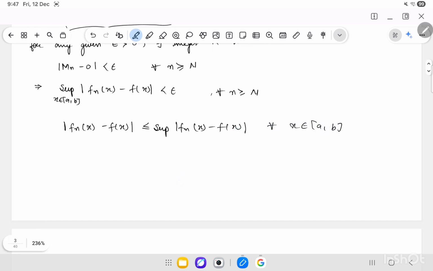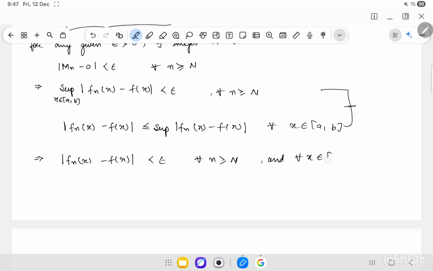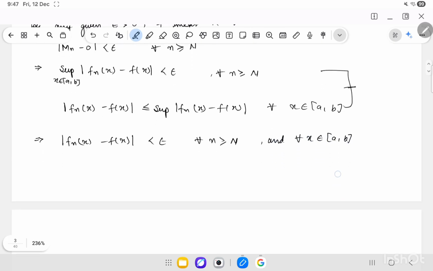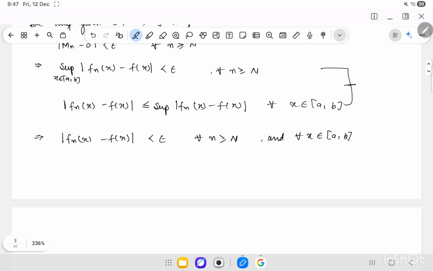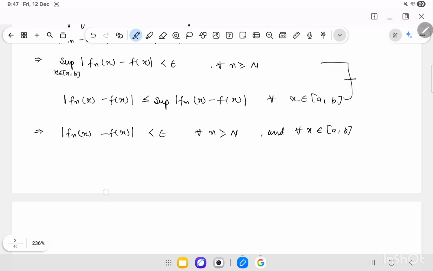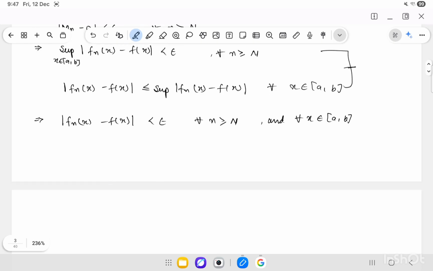So using these two relations, we can conclude that the absolute value of f_n(x) minus f(x) is less than epsilon for all n greater than or equal to capital N, and for all x belonging to the closed interval a comma b. If you observe, this is basically the definition of uniform convergence of f_n(x). So from here we can say that f_n(x) converges to f(x) uniformly.